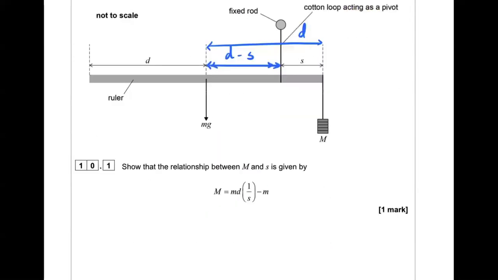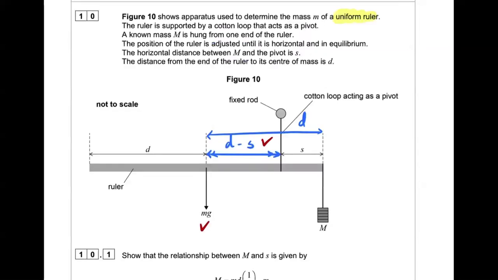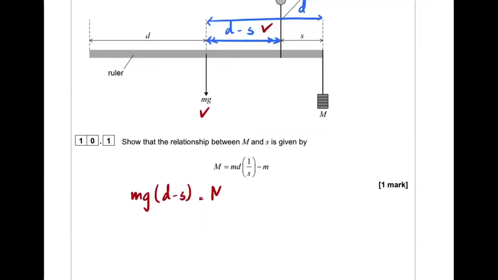So I will say this, so basically the principle of moments, so mg times d minus s equals m. Okay, so m is a mass, right? And mg is the weight. So I would say it is equal to mg times s. Obviously the g's cancel out.